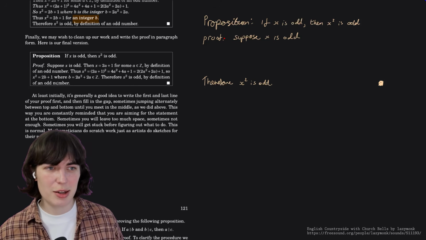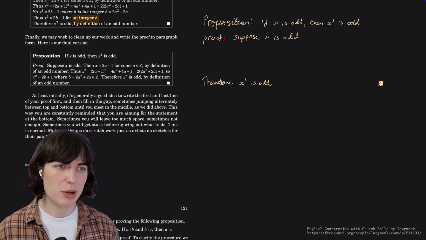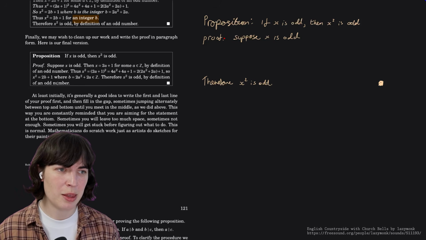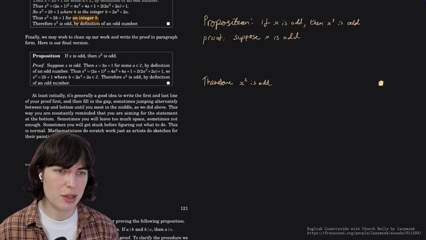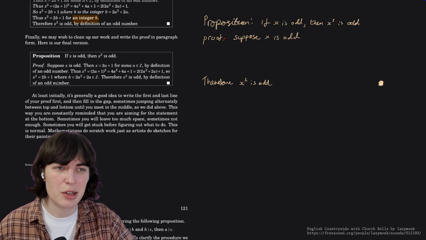Thus, x squared equals, all the way through, 2 times (2a squared plus 2a) plus 1. So x squared equals 2b plus 1, where b exists as an integer. Therefore, x squared is odd by definition of an odd number.